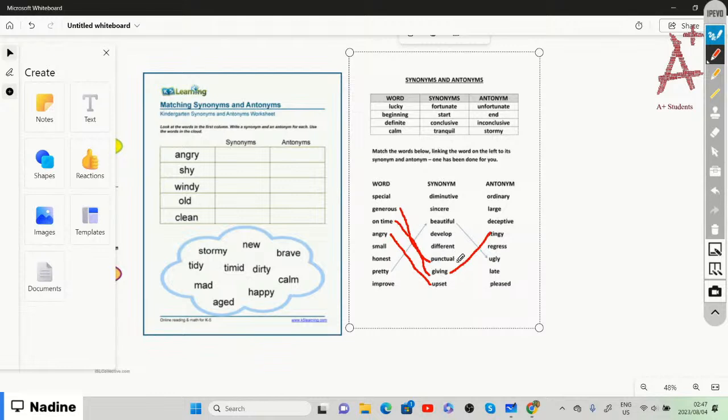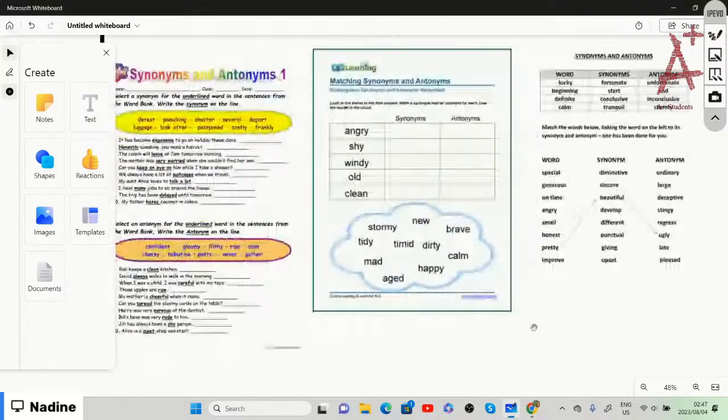The same as on time is punctual, and the opposite is you are late. Angry is the same as upset. The opposite of angry is, we can say, pleased.